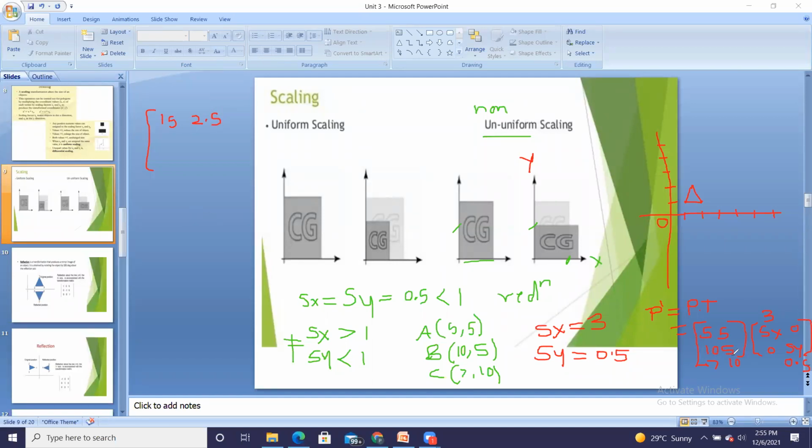Similarly, 10, 5 will become 30 and 2.5. And 7 and 10 will become 7 into 3, that is 21, and 10 into 0.5, that is 5. So 21 and 5. So this is your resultant P dash.